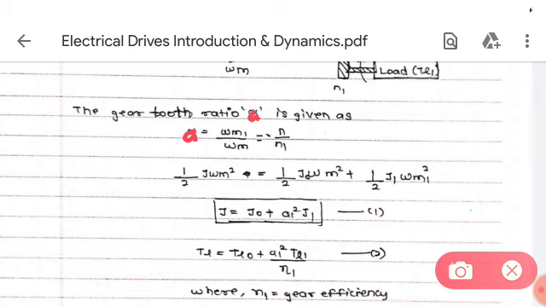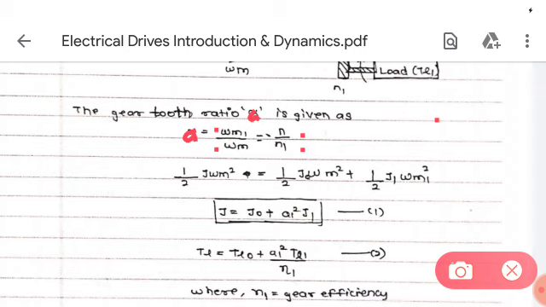So let's say gear tooth ratio is small a. Tooth ratio is just like the turns ratio of the transformer or voltage ratio of the transformer. So it is n by n1, and therefore it is also a ratio of the speeds, omega m1 by omega m.